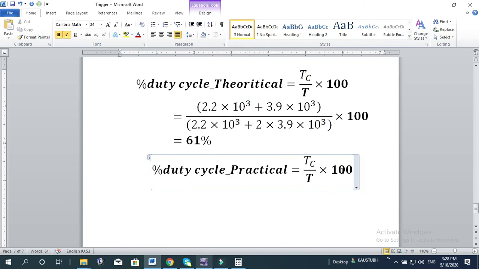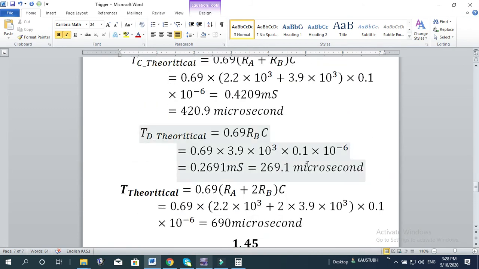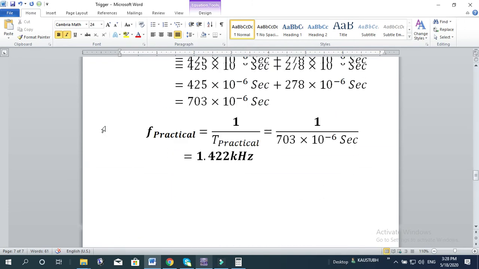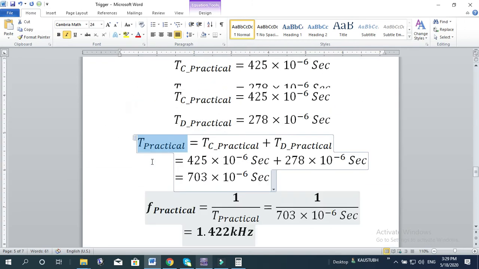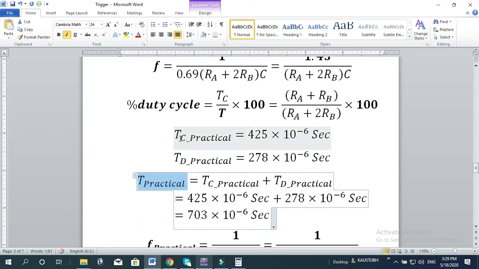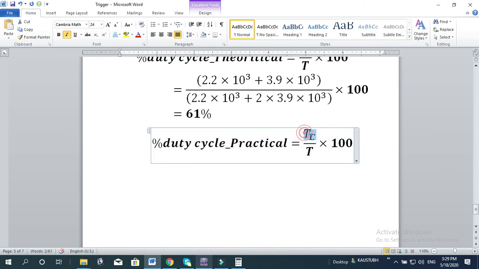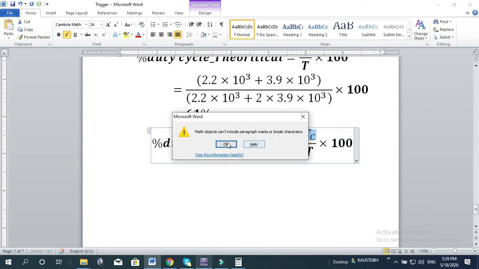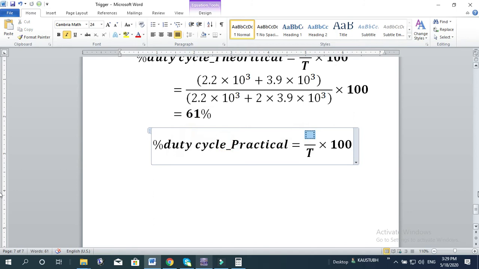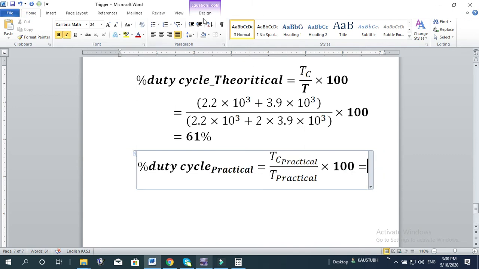So it is Tc practical, right? So your Tc practical, this is your Tc practical. So this is your Tc practical by T practical, which is equal to, so what is your Tc practical?